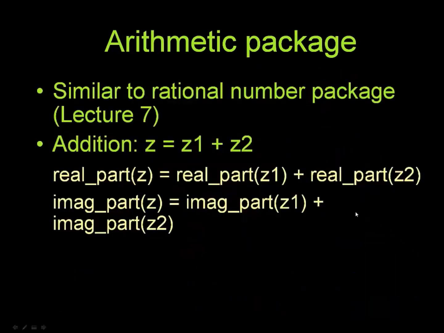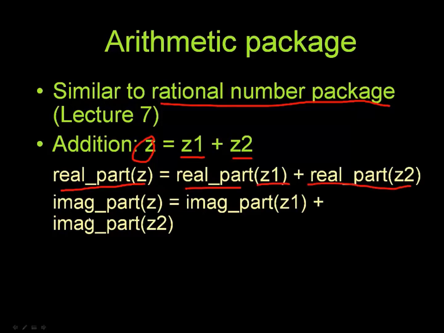If you recall, in lecture 7, we talked about the rational number package. Now we're trying to do complex addition. Just like in lecture 7, z is the sum of two complex numbers, z1 and z2. The real part of z is the sum of the real parts of the two numbers, and the imaginary part is the sum of the imaginary parts of the two numbers.